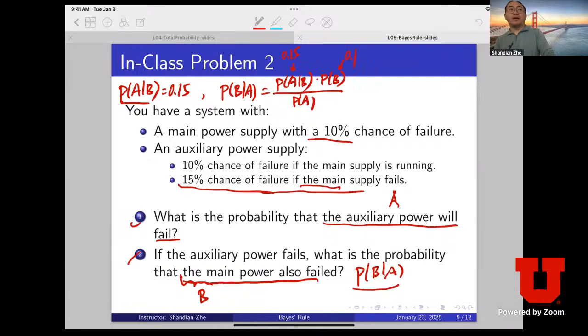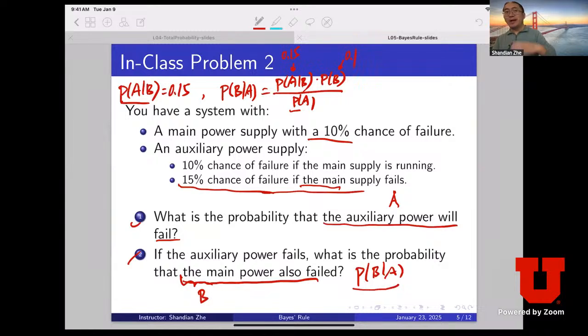Then the remaining is P of A. What is P of A? Oh, I guess you cannot directly read it.